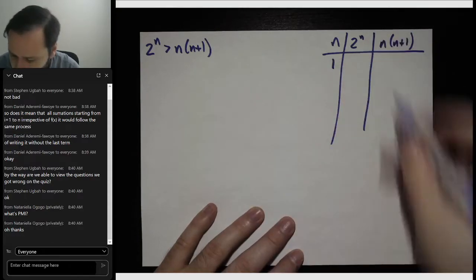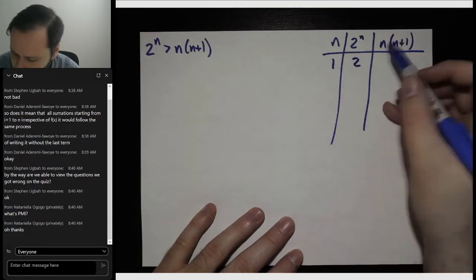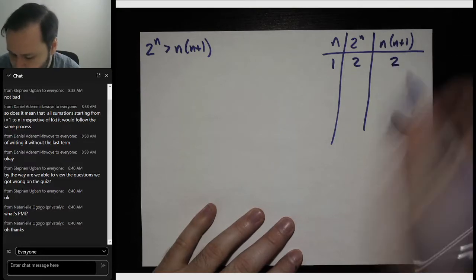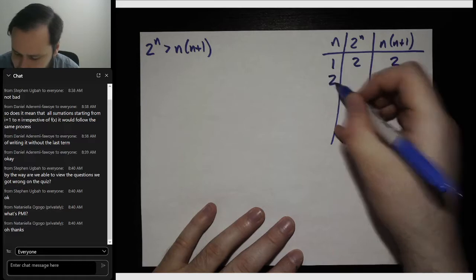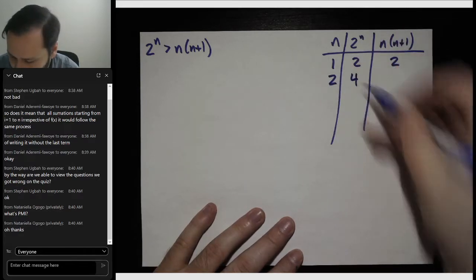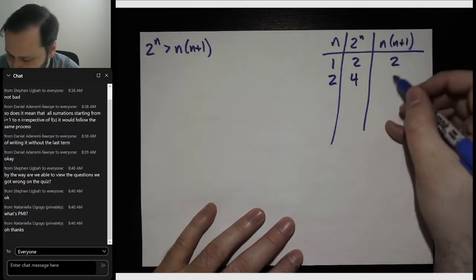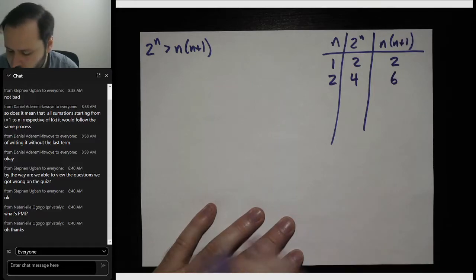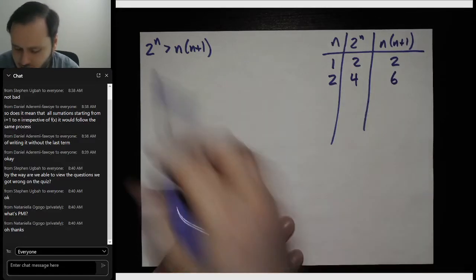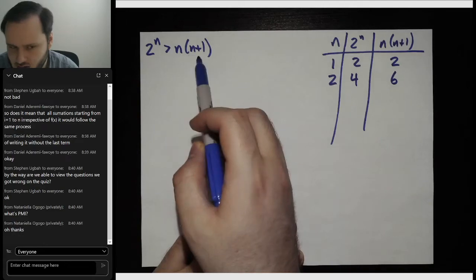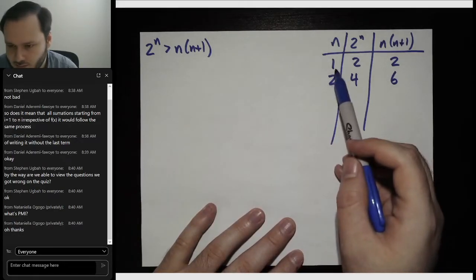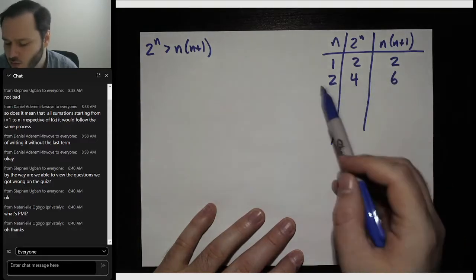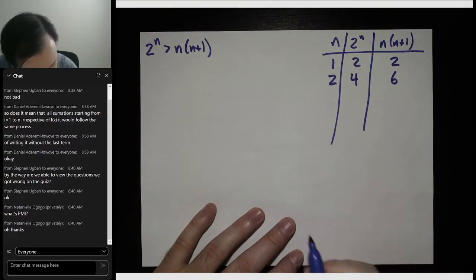If n is 1, this is 2, and this is 1 times 2 is 2, so they're equal. If n is 2, 2 to the 2 is 4. 2 times 3 is 6. So it's not true that 2 to the n is bigger than n times n plus 1 for all n greater than or equal to 1. They start out equal, and then 2 to the n is smaller.